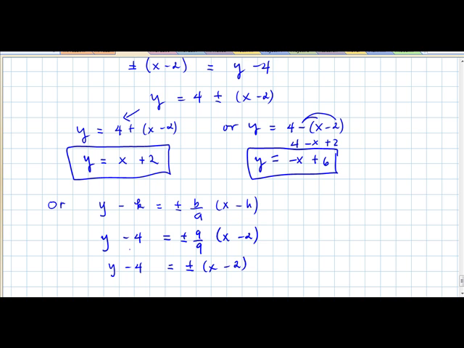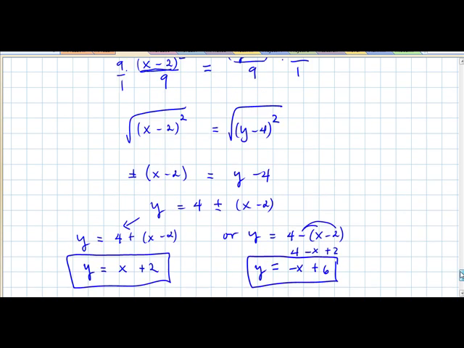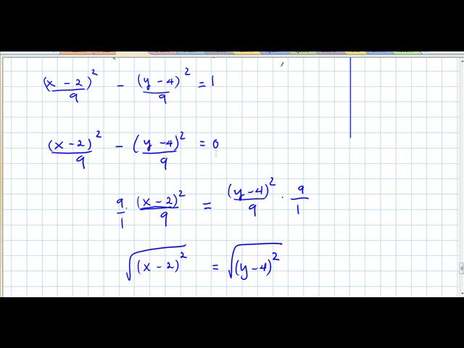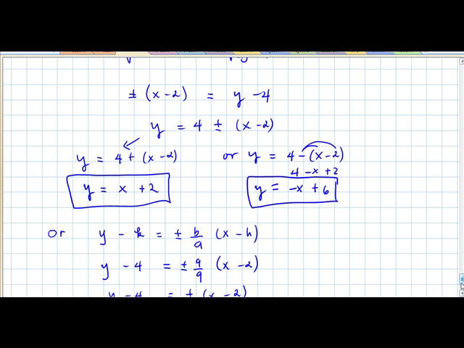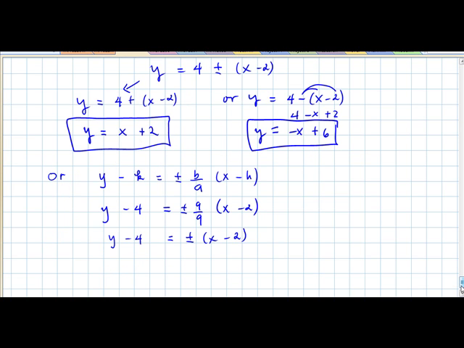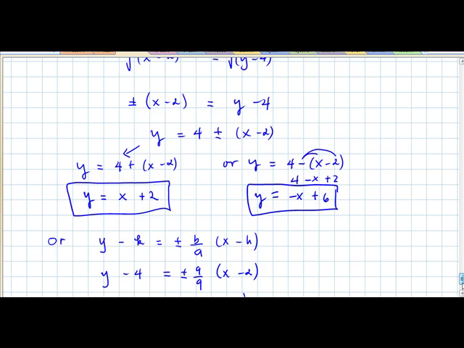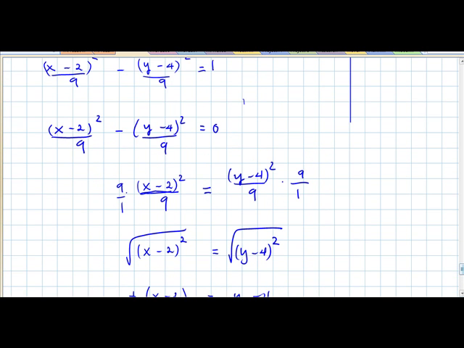This is exactly what you have when you set the equation equal to 0 and solve for y. Exactly what we got earlier from here. Exactly what you got from here. So you can do either way, your choice. You can memorize the formula, or to solve for the asymptotes, just set the equation equal to 0 and solve for y.